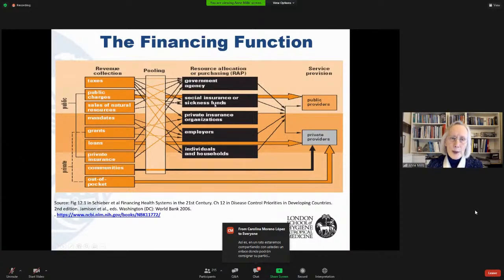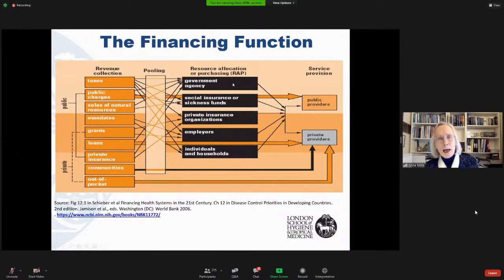The sources of revenue are pooled by these agencies that have the role of resource allocating and purchasing, which is the third of the financing functions. Those intermediaries may be government agencies like the Ministry of Health. They may be social insurance or sickness funds.